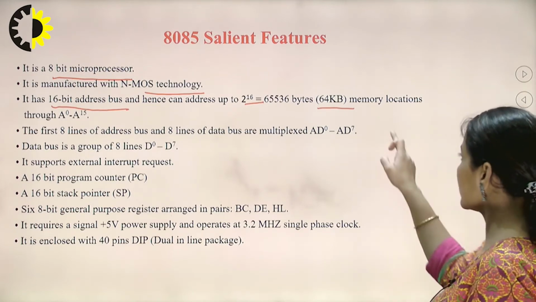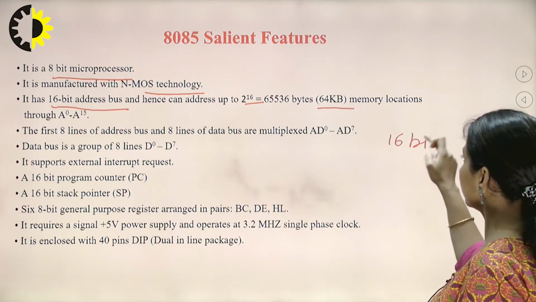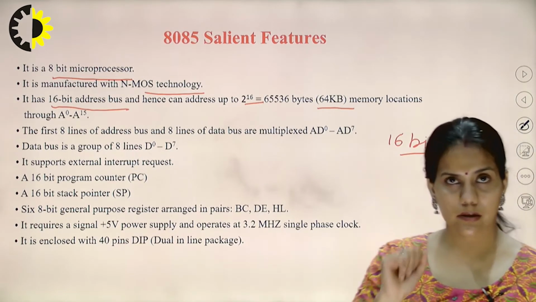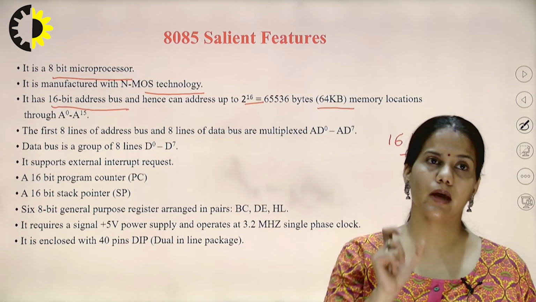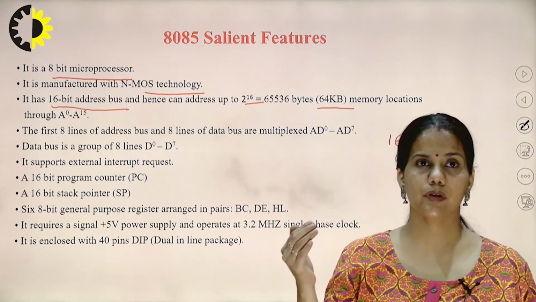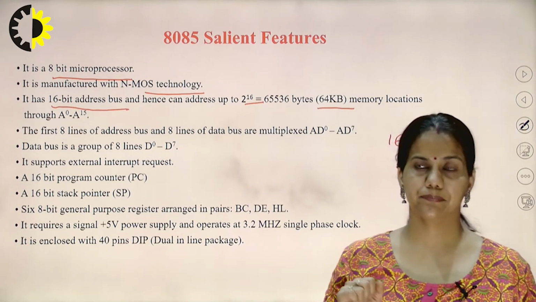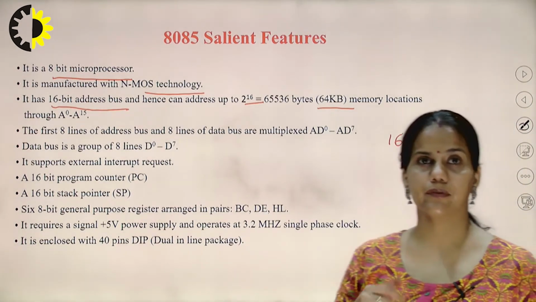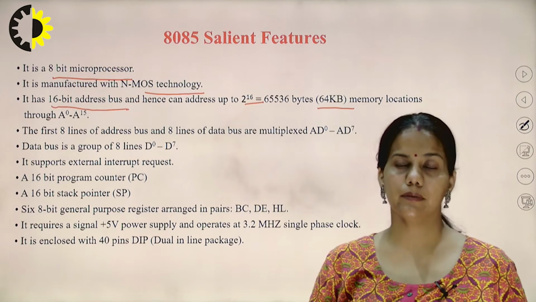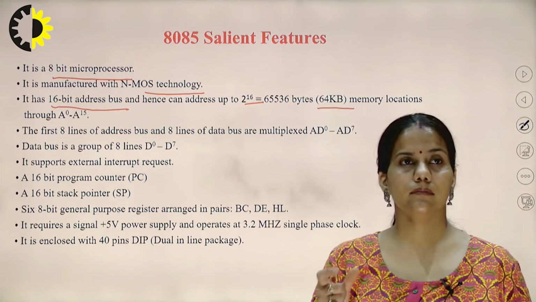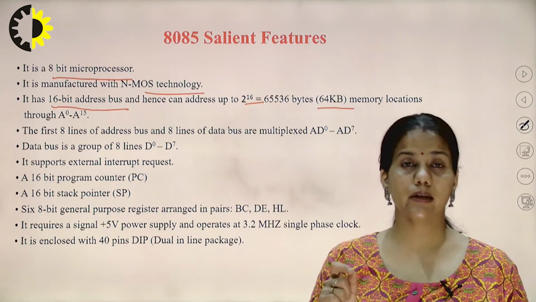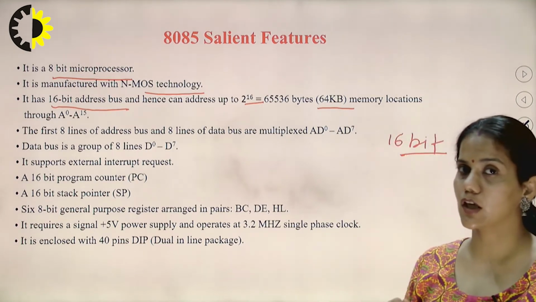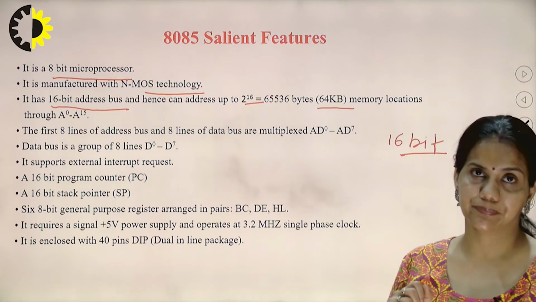When the address bus is of 16 bits, what do we mean by saying this? There is an address bus. It will carry the addresses of certain memory locations. Since it can carry 16 bits of content in the form of 1 and 0, how many combinations can there be? 2 raised to power 16.